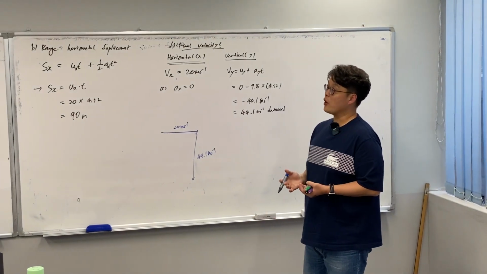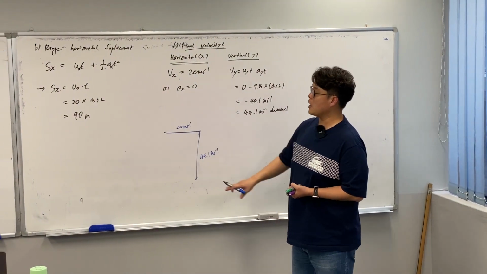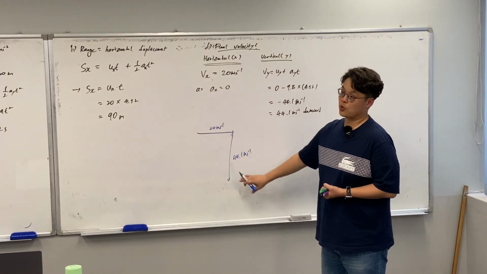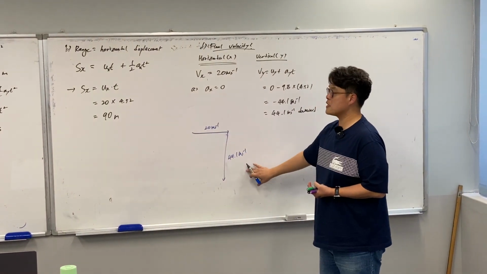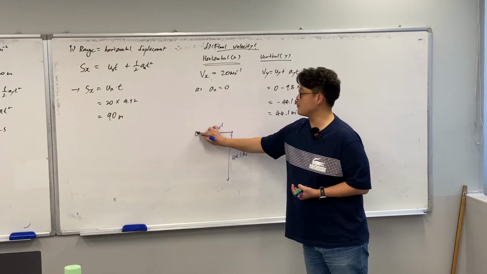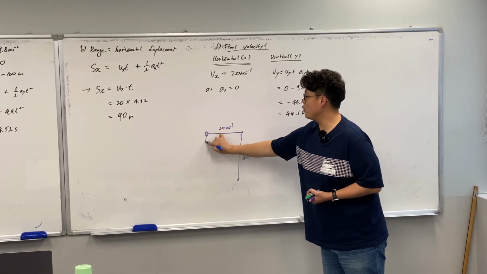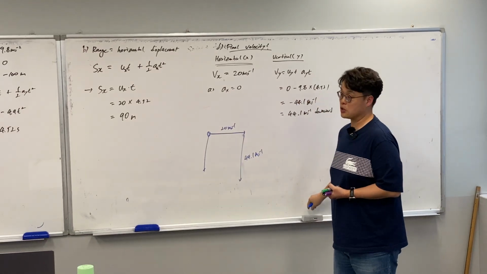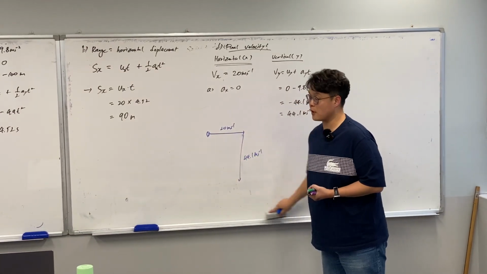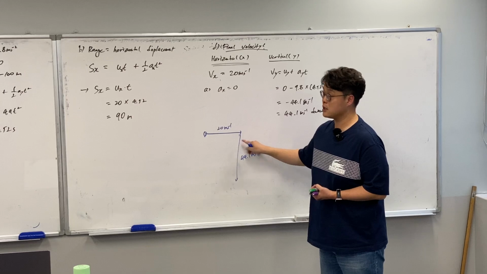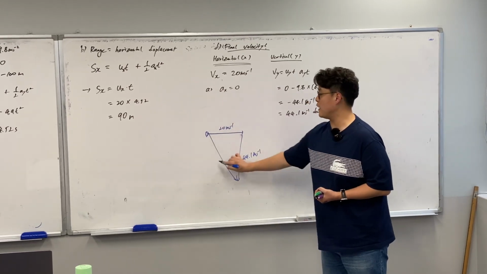If I want to know what happened, have a think about what we learned in module 1. If these two vectors act on the one object simultaneously, it gets pushed forward and going downwards too. So the resultant vector, as we learned, head to tail. This is the resultant vector, the velocity.